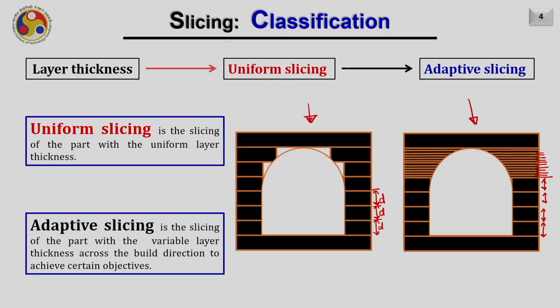But you can appreciate immediately one thing: if I am using uniform slicing, some of the features are missed here. I am not able to replicate these complicated features in the final object. While if I am using adaptive slicing for a certain zone, meaning I am using a different layer thickness for that zone, I am able to capture these features nicely.